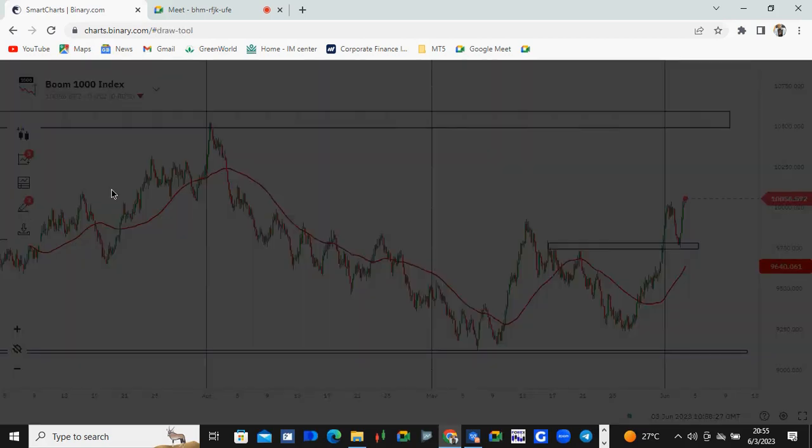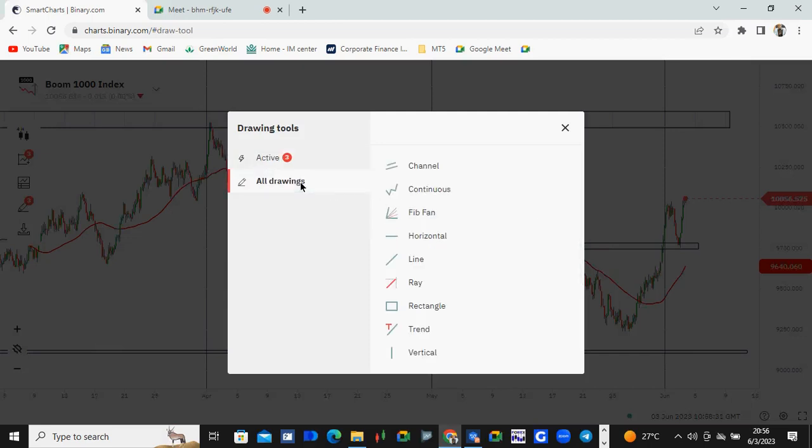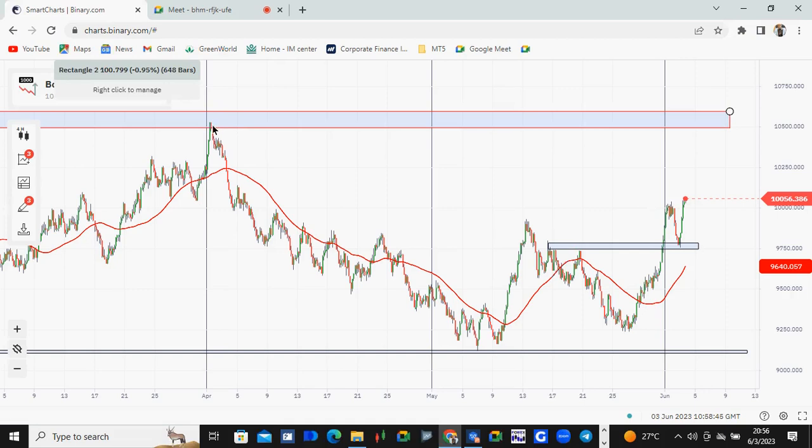Once the market reaches the resistance level, it sells like crazy. We don't have a pointer here, too bad. But are you able to see where I'm pointing? Yes. So this level is called the resistance level.